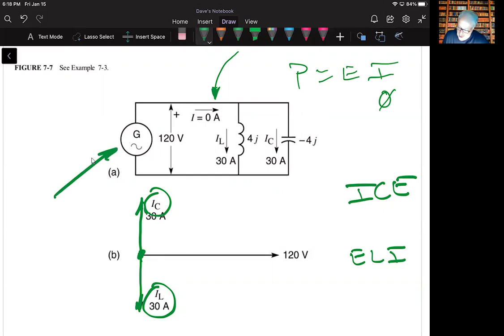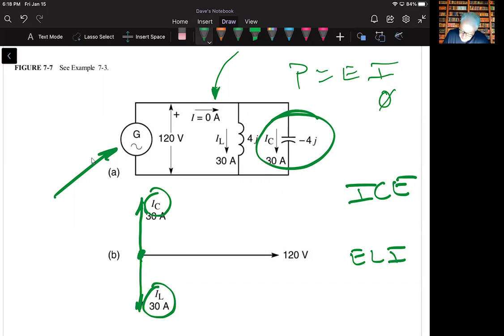And of course, the answer is the reactive power is coming from the capacitor. It can only come from the capacitor. It is the source of the reactive power. The reactive power delivered by the capacitor is equal to the current it carries times the voltage across its terminals.